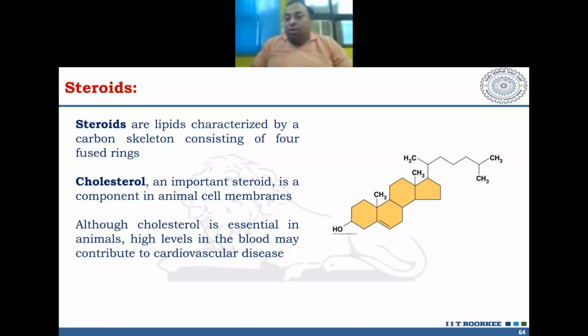So although cholesterol is essential in animals, high level in the blood may contribute to cardiovascular disease.